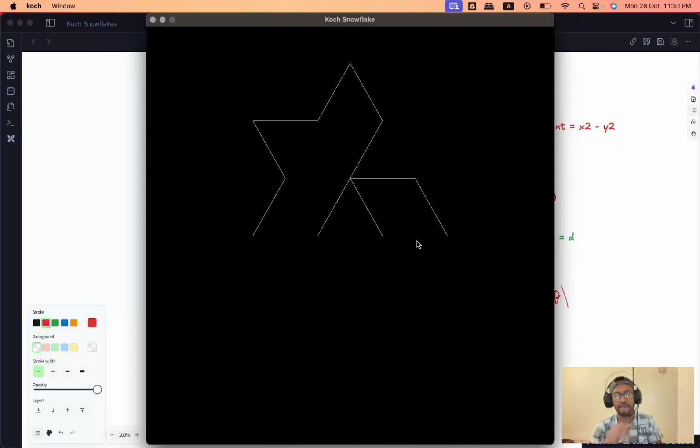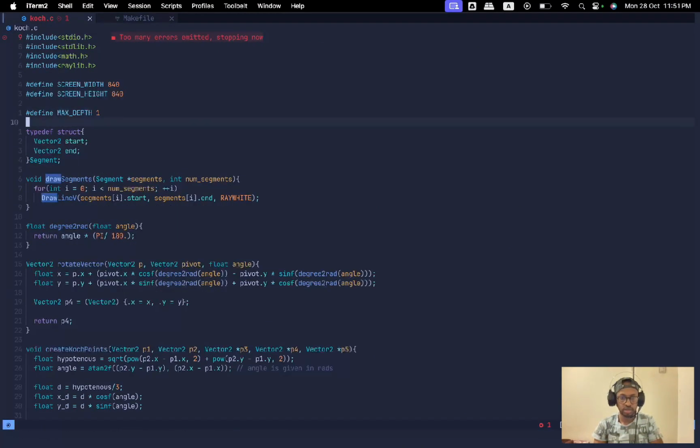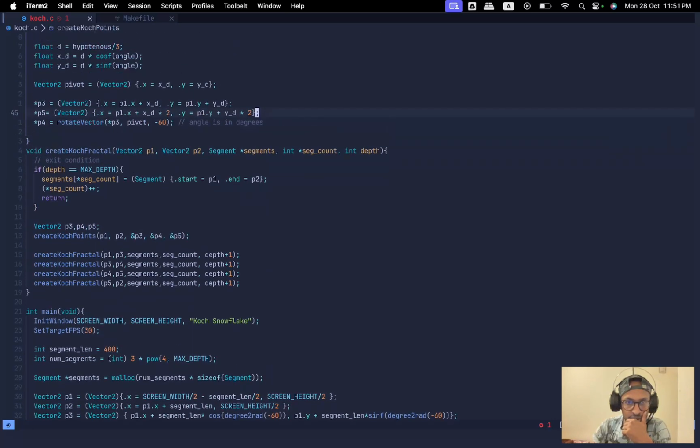Okay, there's something here. It rotates by negative 60 degrees.